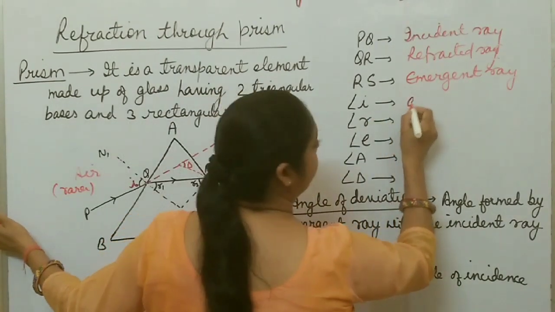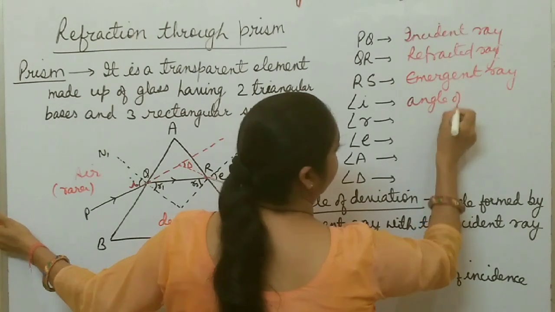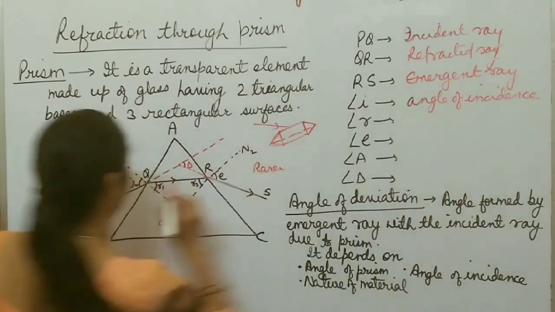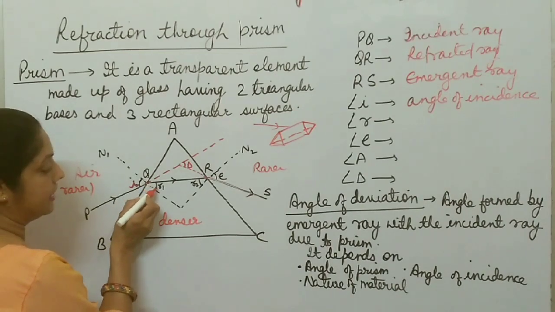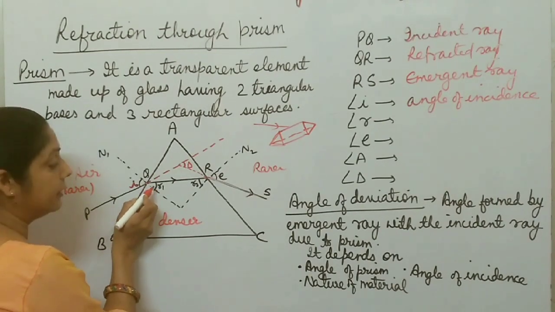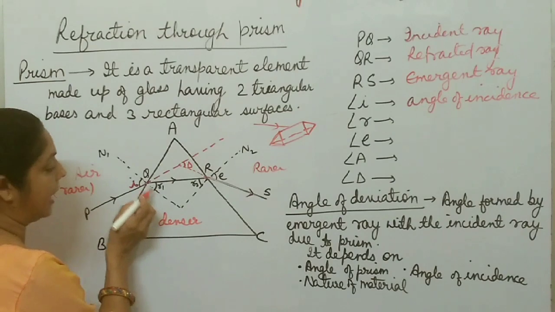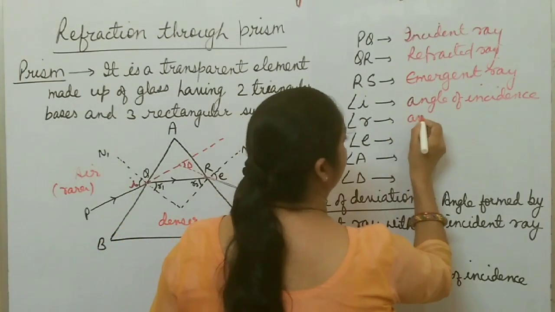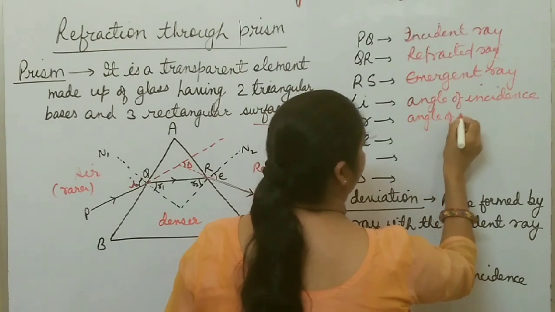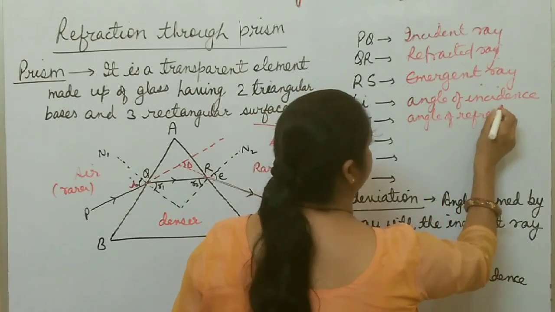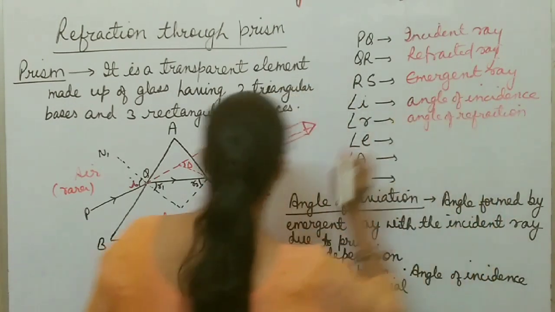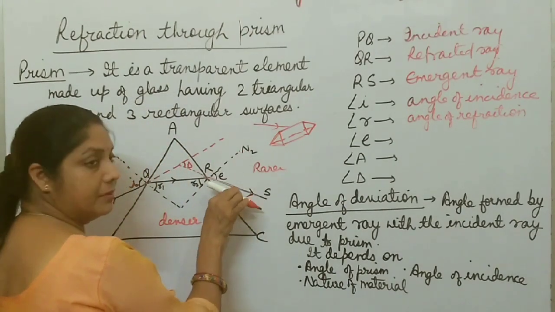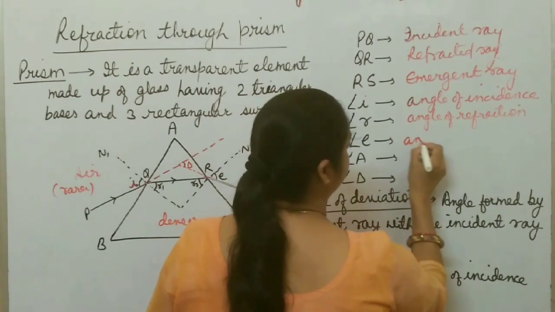So i is angle of incidence. Now again at this point, this r, you can say, this is angle of refraction, the angle between normal and this refracted ray. So this is angle of refraction, right? And then again this angle between this normal and emergent beam is angle of emergence.